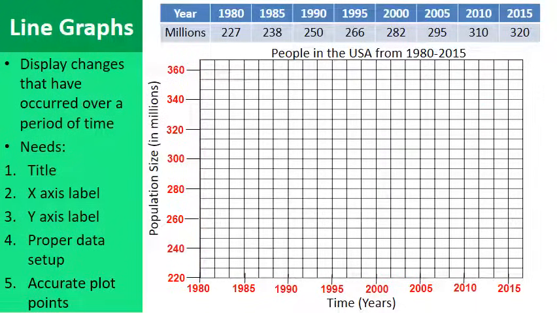Now we have to plot our accurate data points. So when I look at the graph, I see 1980, 227 million.